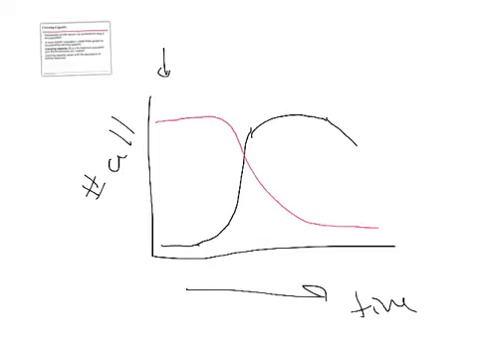For instance, what if I changed this and I constantly added media so that the glucose was like this, always kept at that point? If that was the case, I could sustain exponential growth beyond that, if I always kept the incoming resources available.